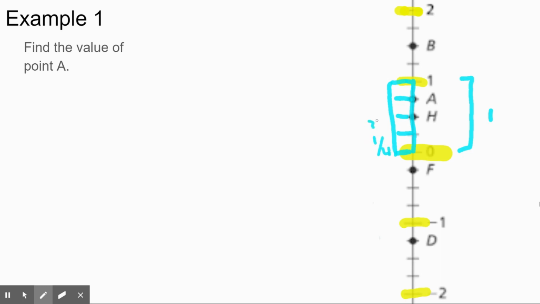So we have 1/4, 2/4, 3/4, and then technically 1 would be 4/4. But remember that that's the same thing as one whole.